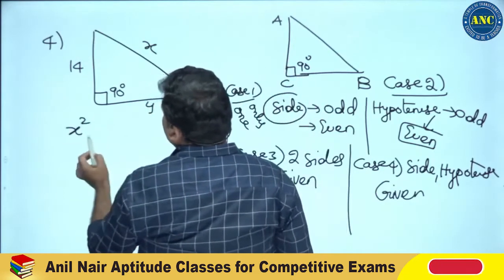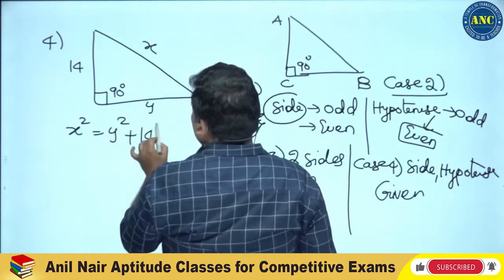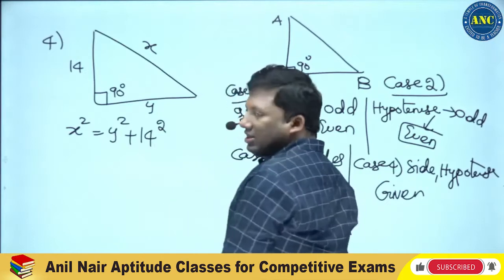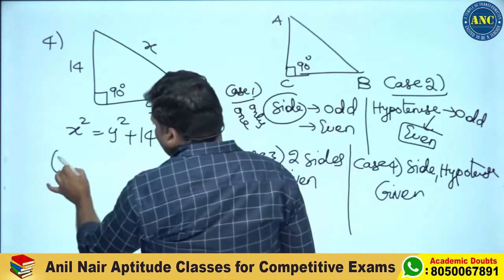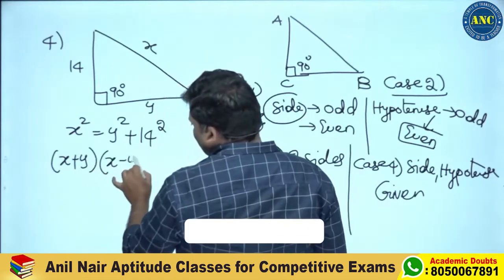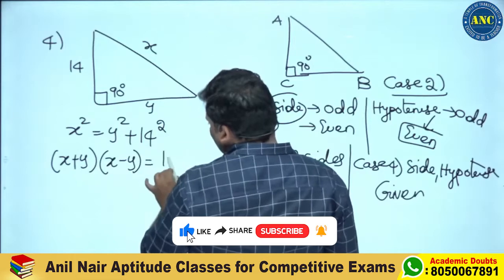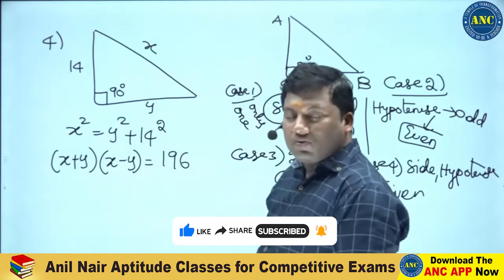X square is equivalent to 14 square plus y square, so x square minus y square, that is x plus y into x minus y, equals 14 square, which is 196.